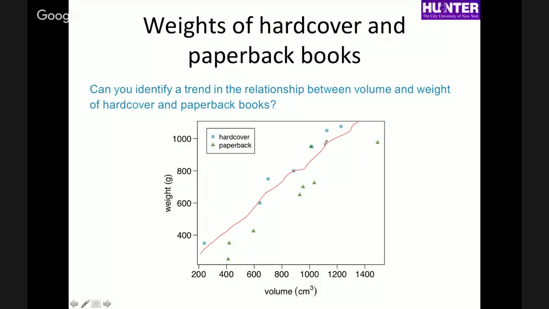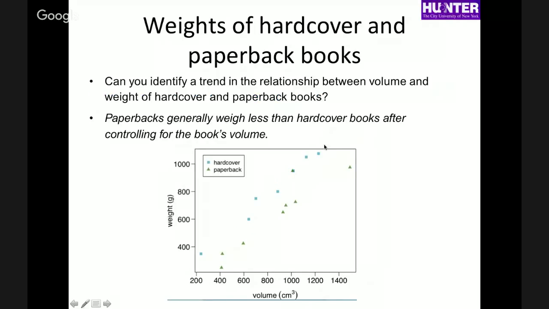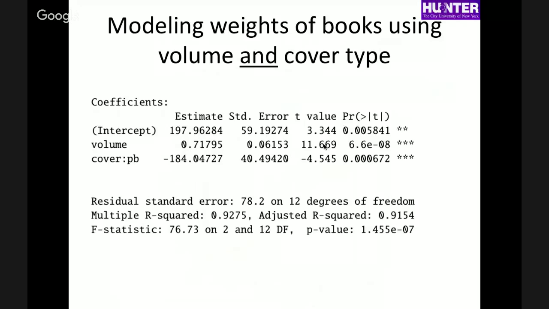So this is starting to motivate multiple regression. You can imagine that we might get a better predictive model here if we were using both book volume and whether it was hardcover or softcover to predict the weight. And that's exactly what we can do with multiple regression. It's really not much harder to do than linear regression.